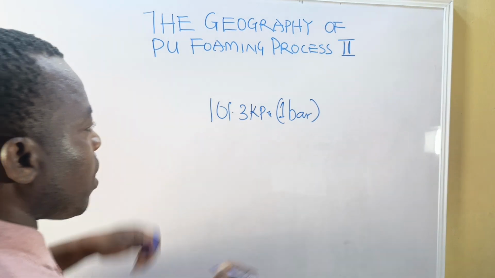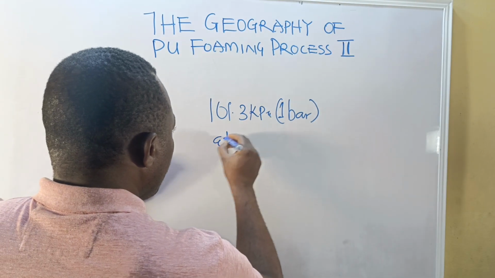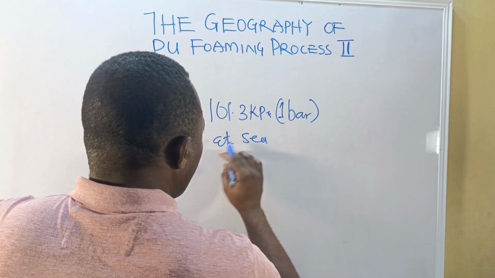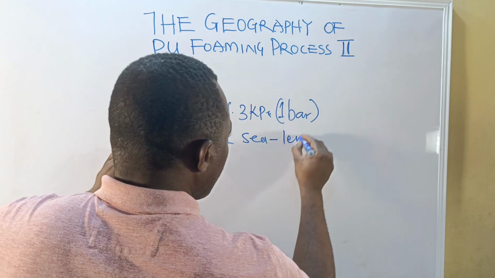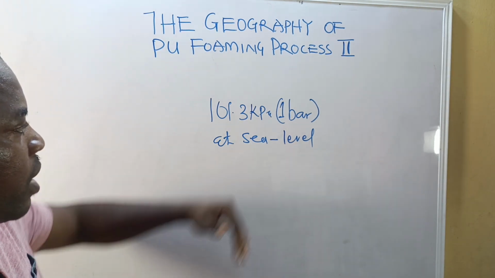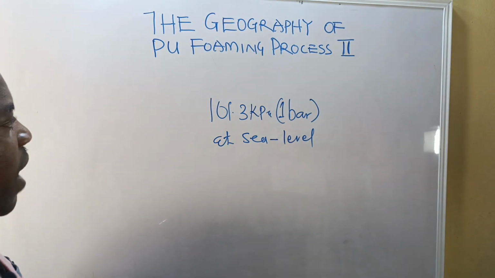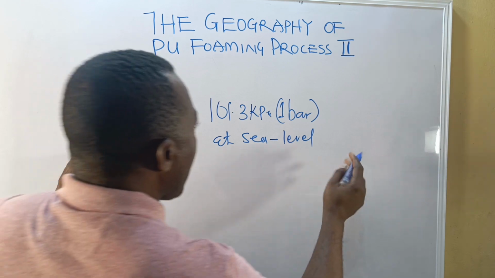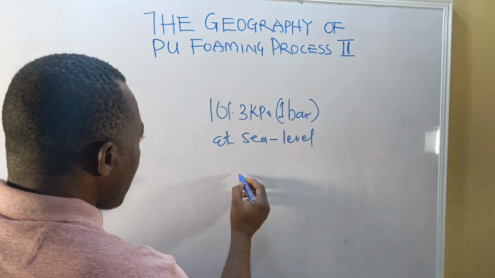So this is what we call at the sea level. At the sea level, this is what you have. Now, supposing this value is going higher, we have something like this.